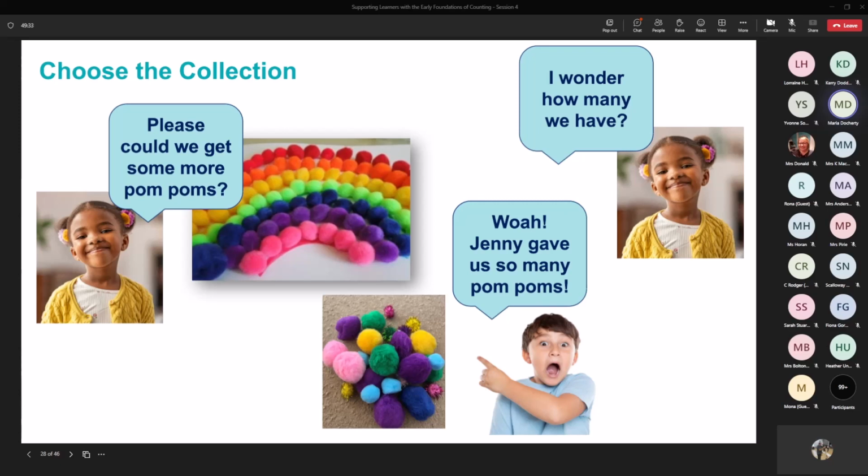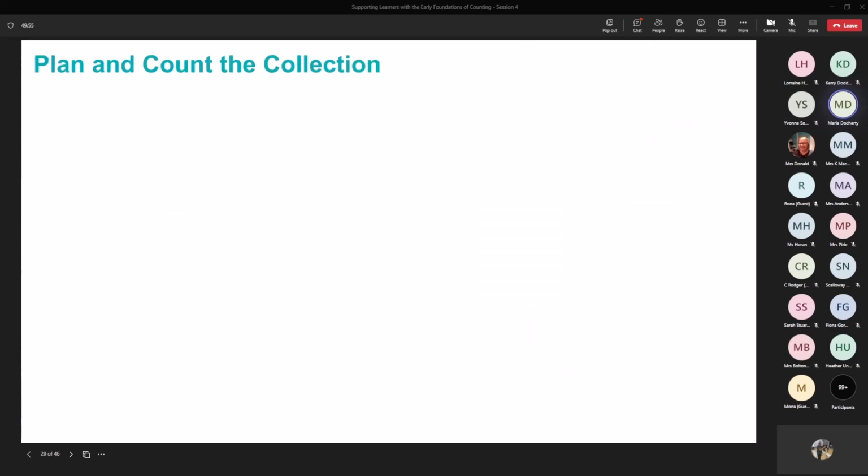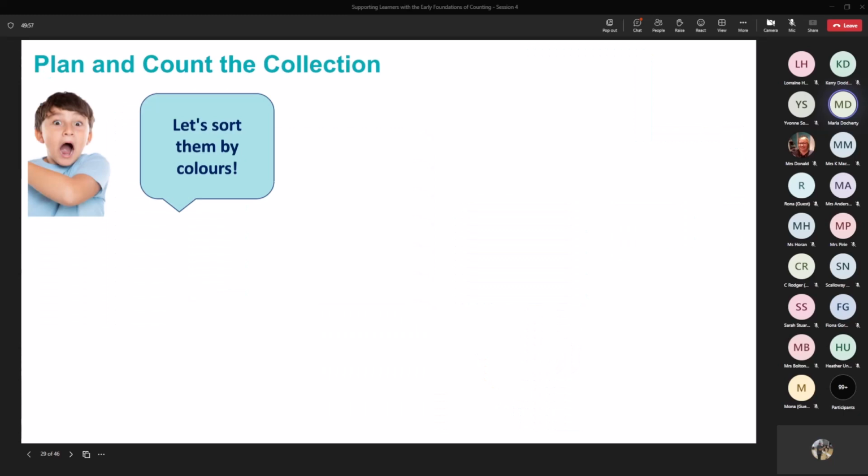And again, that provides a really good opportunity for us as practitioners to observe how they plan, how they're going to sort, and how are they eventually going to count the pom-poms or whatever objects they pick. And again, it's important to mention at this stage, they're not doing any formal counting at this point. They're just gathering, they're discussing, and they're learning from each other about how best to move forward in terms of the kind of planning and counting.